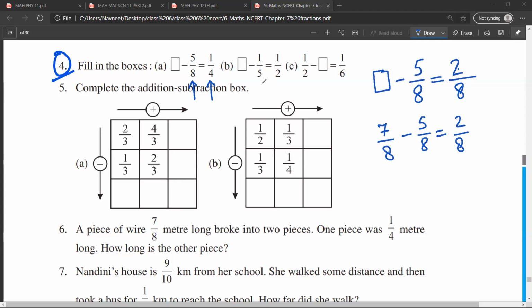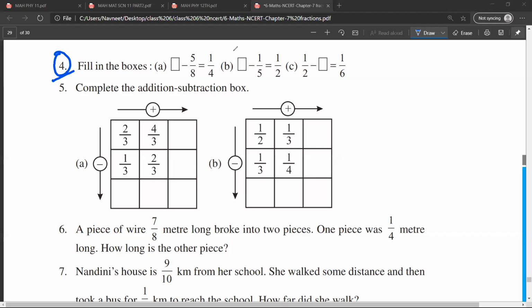For example, in the B part also, you need to take the LCM of 5 and 2 and do like this. In the C part also, take the LCM of 2 and 6 and then try to do the question. Have you understood? Yes, sir. Okay, do it.